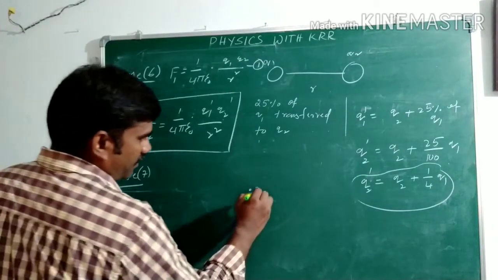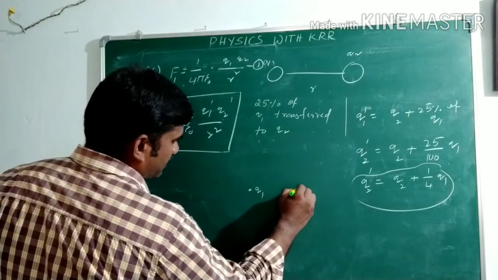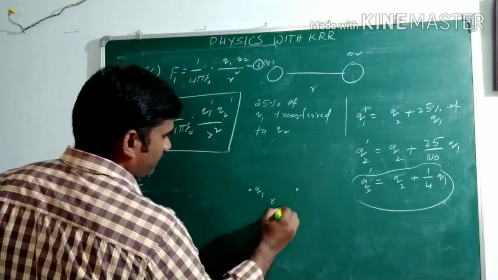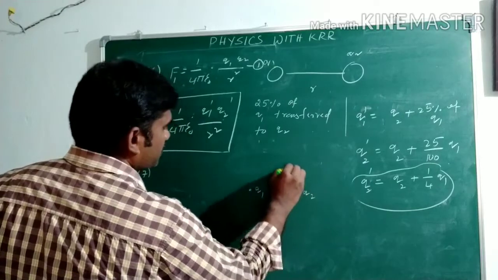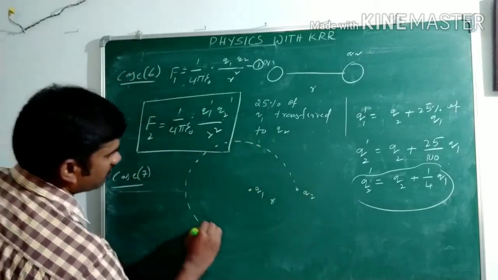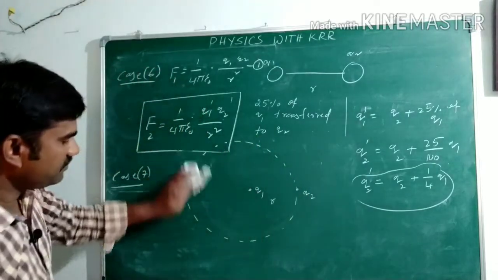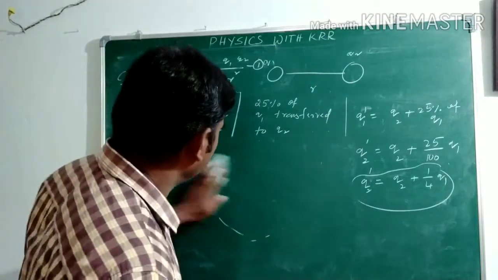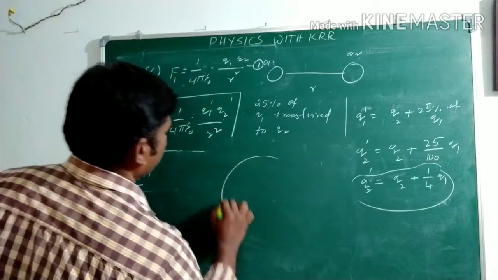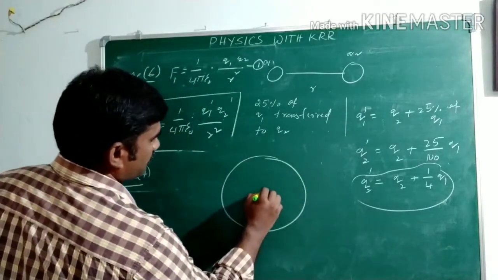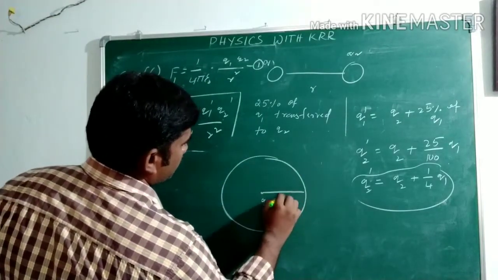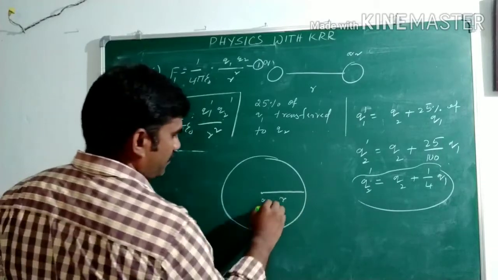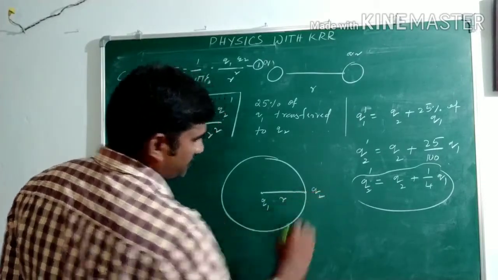Now another charge is placed at this point at a distance r. Now this charge Q2 is revolving in a circular path around this charge. So this is charge Q1, separation r, and this is our charge Q2.